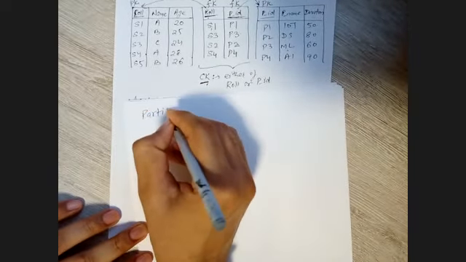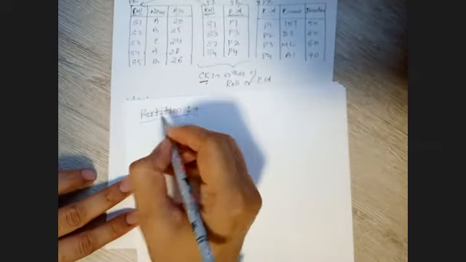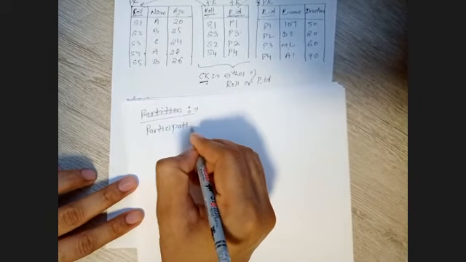Okay, let's see about participation at the same point of time. We have something called partition, no, not the partition, it's participation, in your ER model. So how one entity is participating with other entities.